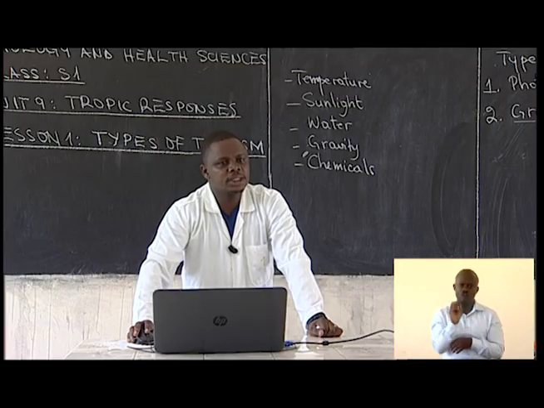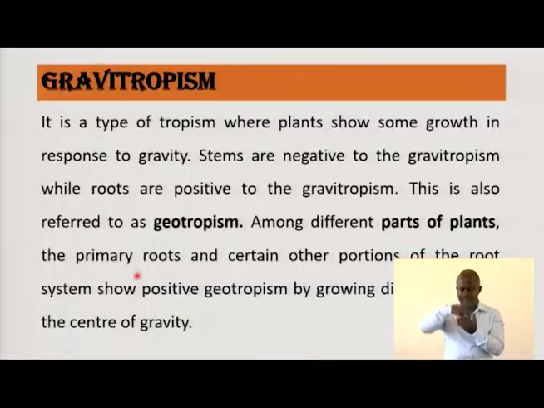Among different parts of plants, the primary root and certain other portions of the root system show positive geotropism by growing directly towards the center of gravity. That means roots grow towards gravity, and that is what we call positive gravitropism.